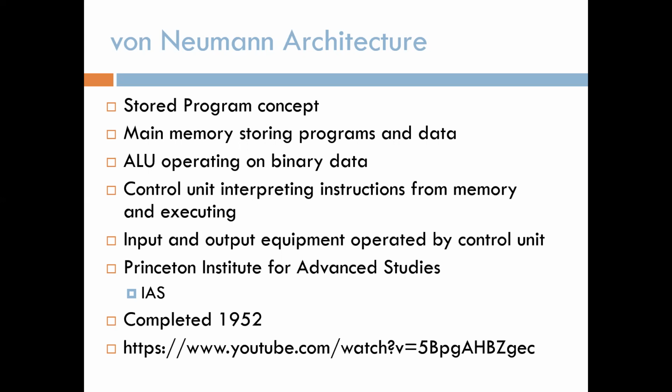As I said before, he created this as part of the Institute for Advanced Studies, IAS, and it was completed in 1952. Again, you can take a break and take a look at this video just to get a better insight into that.